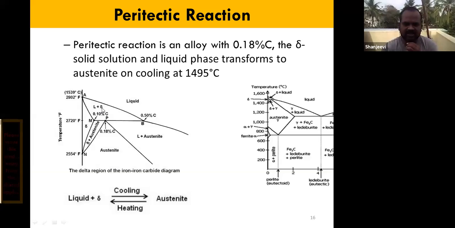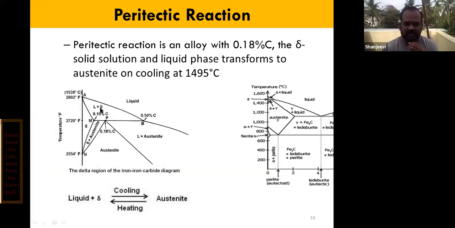So liquid plus delta. Now below here is austenite. So this one is austenite. You can see here this point is the peritectic point. P stands for peritectic. So above this peritectic point, you can see liquid plus delta because here liquid, here delta.